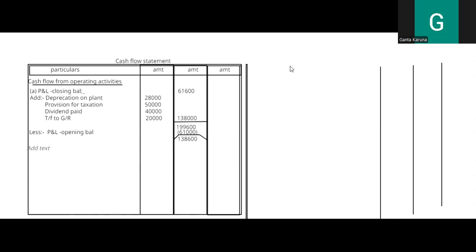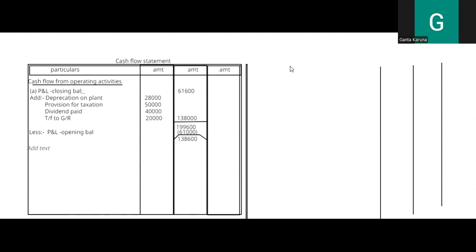And in this one, both my stock and my debtors are decreasing compared to the last year. Until last year it was 2 lakhs, it was 1,48,000. And 52,000 it has reduced. And the debtors are also showing the same. Last time it was 1,60,000 and the current year it came to 1,28,400. So it is also reducing. So these two I'm going to take.